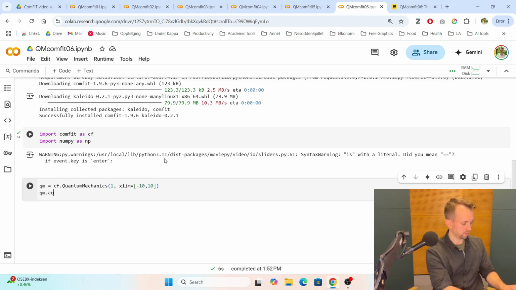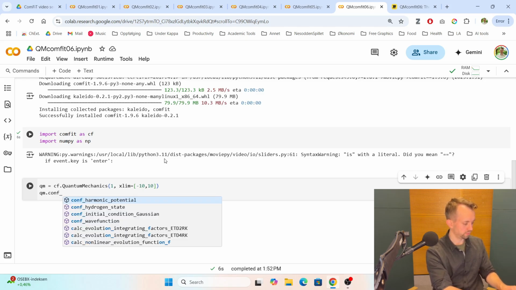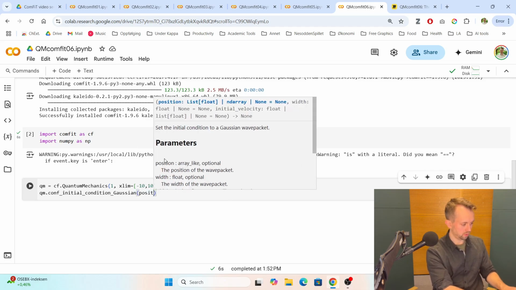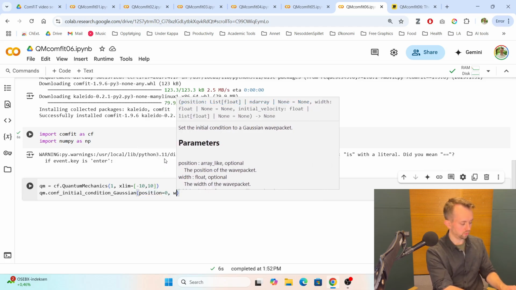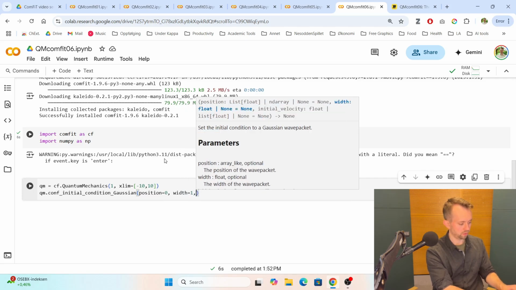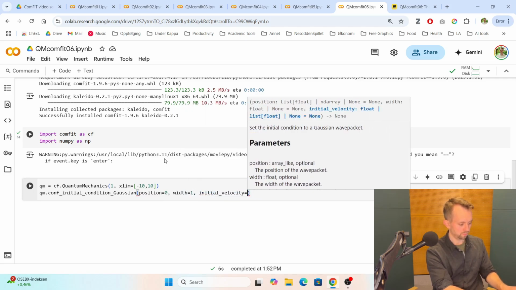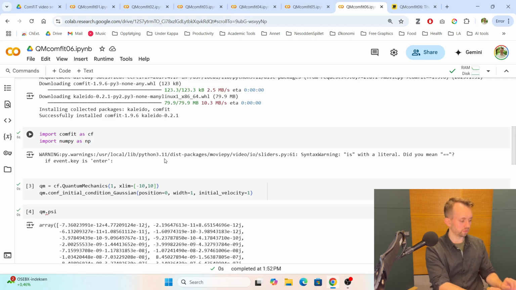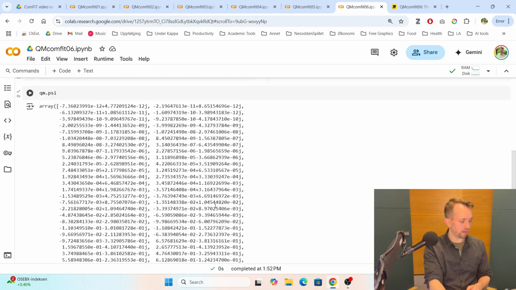And let's also configure the initial condition as we've done before. Let's just use position at 0, width equal to 1, and initial velocity equal to 1. Then we know that qm.psi is going to be the complex field with arrays.